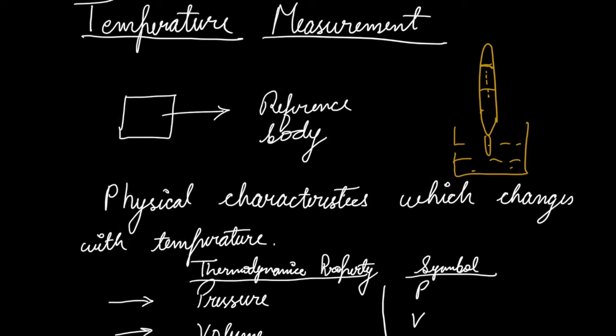So the change in physical characteristic was length, right? With change in temperature, the length changed. If this temperature was T1, length might change to some L1. If this was T2, length might change to L2. Similarly, there is a correlation between the two properties. So this is how temperature measurement is done. Always a reference body is taken and a physical characteristic which changes with temperature is taken.